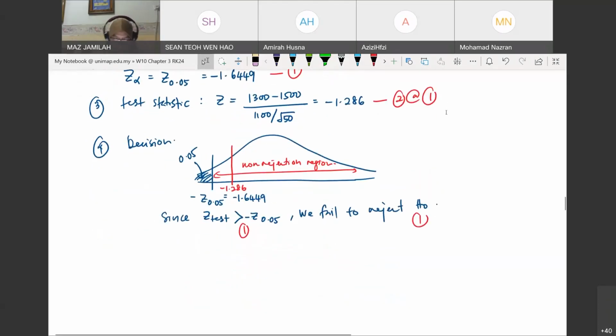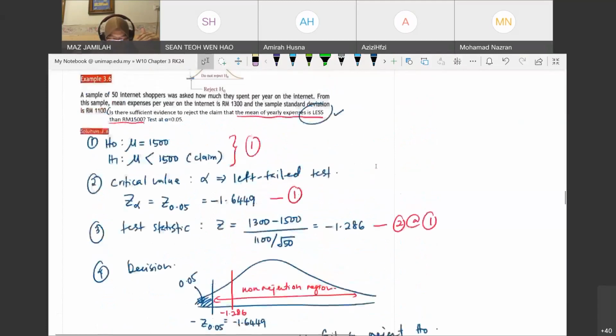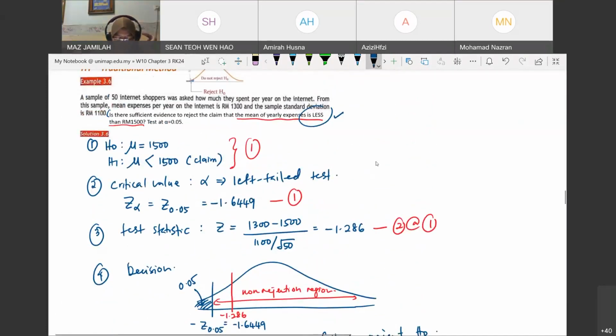And then the last one is making the conclusion. So step number 5 is making the conclusion. So since we fail to reject the null hypothesis, again, class, this time it is a bit different because our claim now is at the alternative.